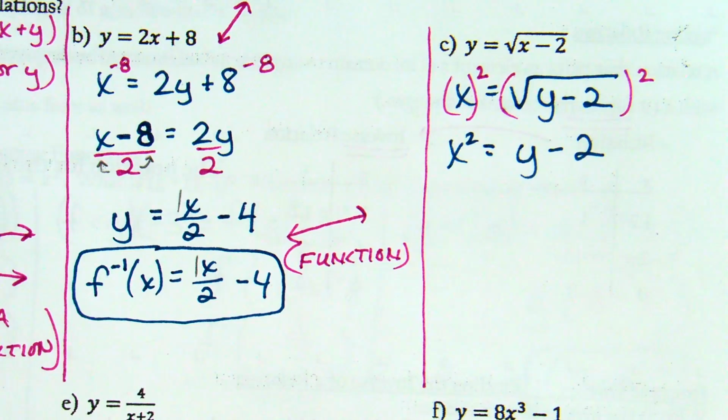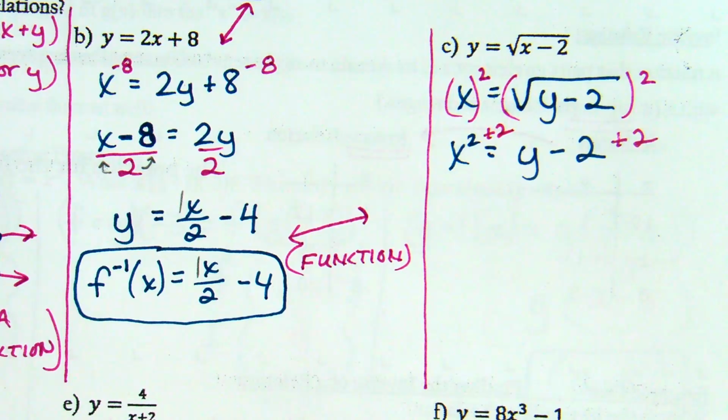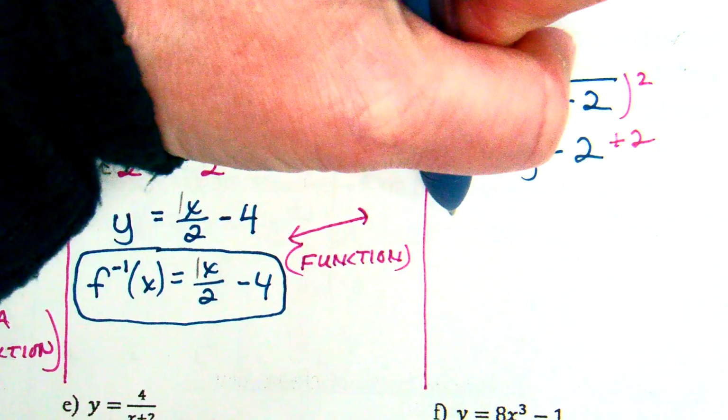Officially, I need to put this in inverse notation, which just means instead of saying y equals, f inverse of x equals x squared plus 2. And then the big question.